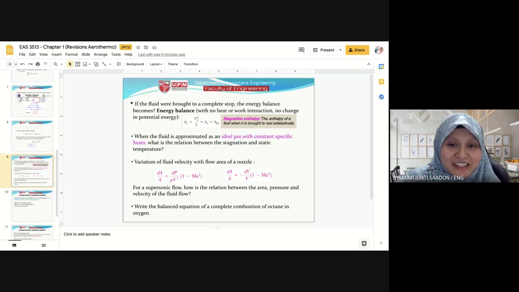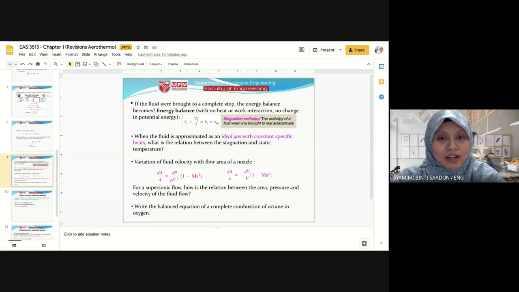That is the term, but not yet the full equation for this question. The main answer is that from this above equation, you just substitute H with CpT, CpT total stagnation, CpT static.